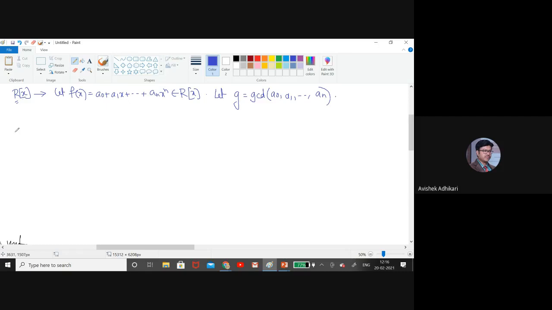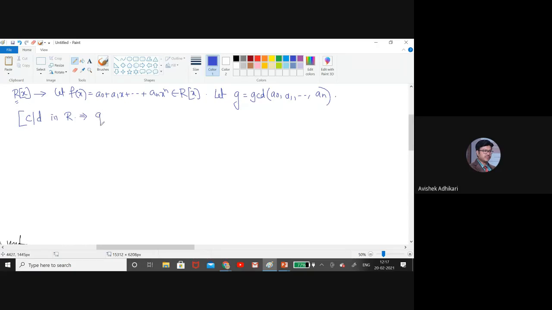In our last class we already mentioned the meaning of division: what it means for an element c to divide d in a ring R. If you have the concept of division in a ring, then you have the concept of greatest common divisor.